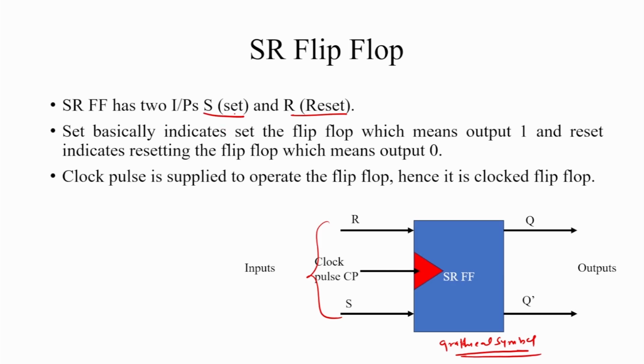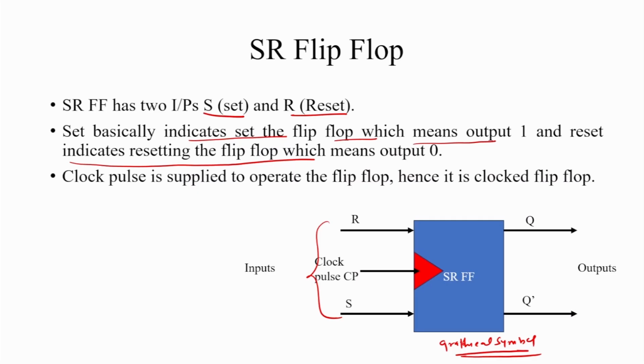Set means the value of the input is 1, and reset means R is equal to 0. Set basically indicates setting the flip flop, which means output 1, and reset indicates resetting the flip flop, which means output 0.